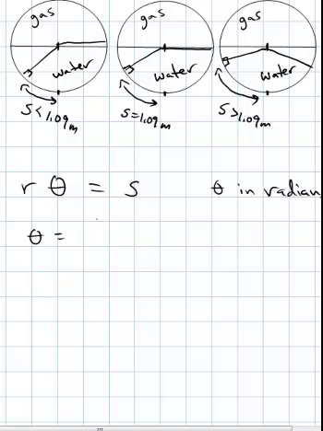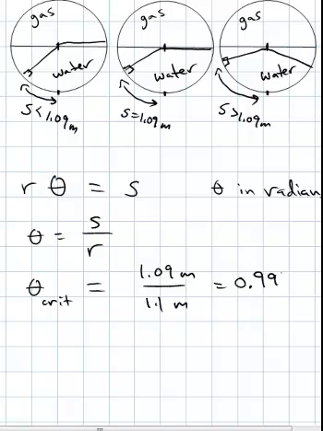So that means that theta is the arc length over the radius, and they tell us what the critical angle is. It's an arc length of 1.09 meters over a radius of 1.1 meters, and I get 0.991 radians.